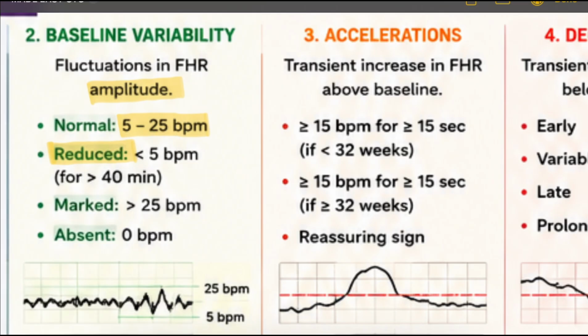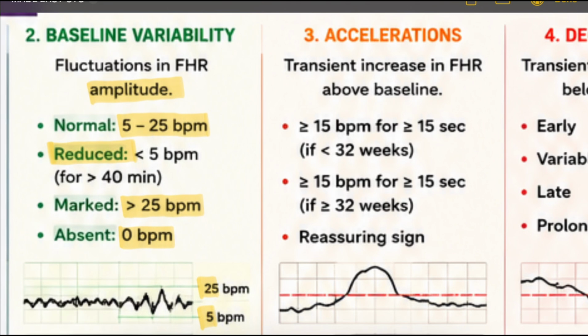Okay, if it's more than 25 beats per minute, no problem. If it's absent, we have to take concern. Okay, we have to look after it. So 5 to 25 beats per minute is the normal variability.